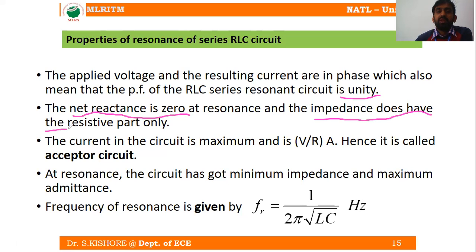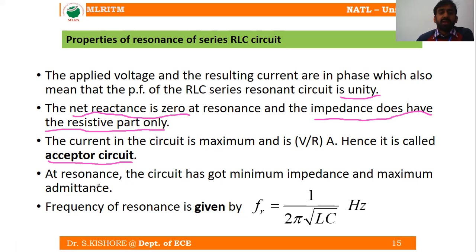As the impedance is the minimum, the current in the circuit is going to be maximum. If you consider the ideal value, it is going to be infinity. The current is going to be maximum at the resonant frequency. Hence, this circuit is nothing but the acceptor circuit.